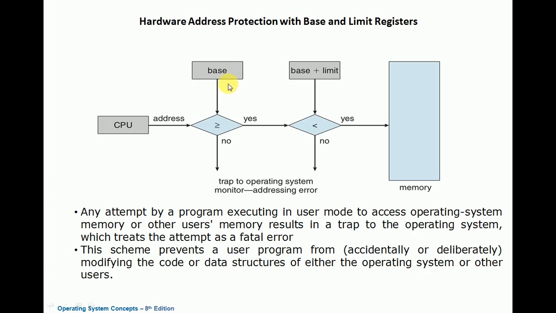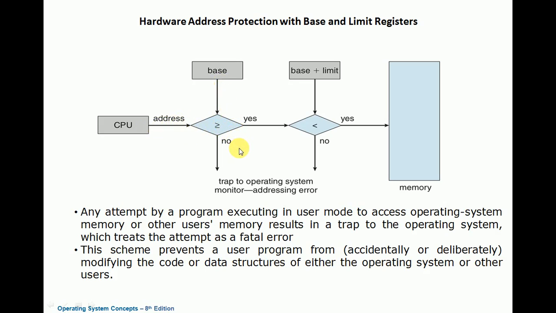It's the beginning address of the program or process in the memory, so it will be stored in the base register. The CPU is going to generate the logical address for accessing instructions from the memory for that particular process. The address generated by the CPU should be greater than or equal to the base register.